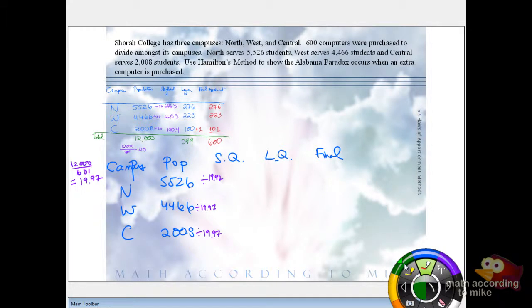If you would, find the standard quota and then find the corresponding lower quota and their totals. So the final apportionment, your lower and upper quotas are whole numbers. Everything else is 2 decimals. What do you get for north standard quota?